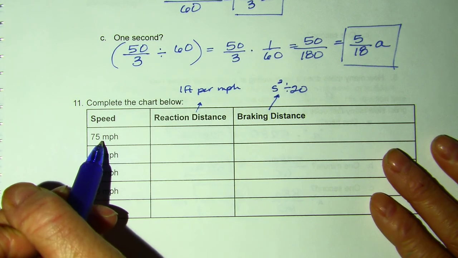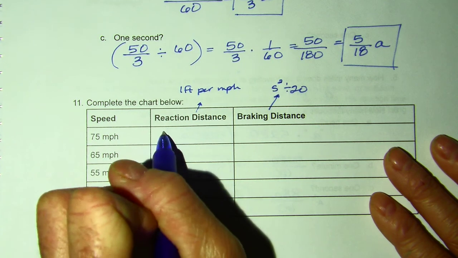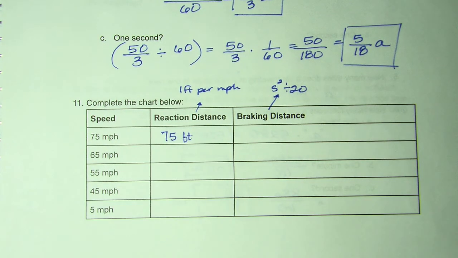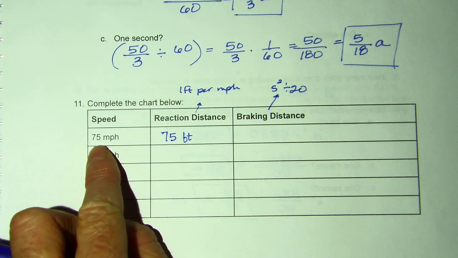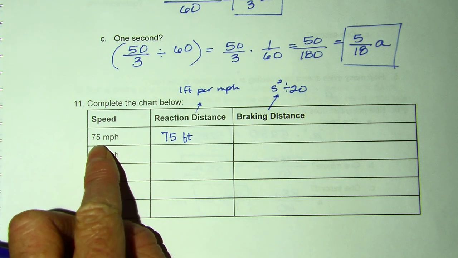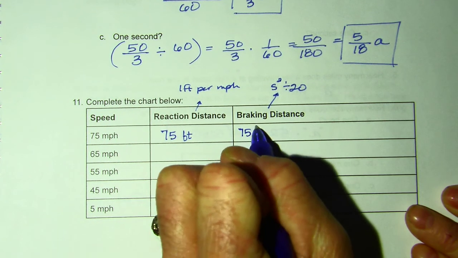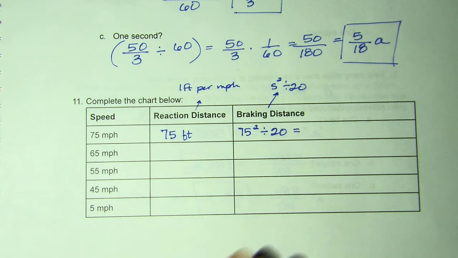So if I was driving at a speed of 75 miles per hour, my reaction distance is 75 feet. So notice the numbers match. It's a foot per mile per hour, so since there are 75, that'd be 75 feet. My braking distance should be 75 squared divided by 20, and you would simply enter that in our calculator.